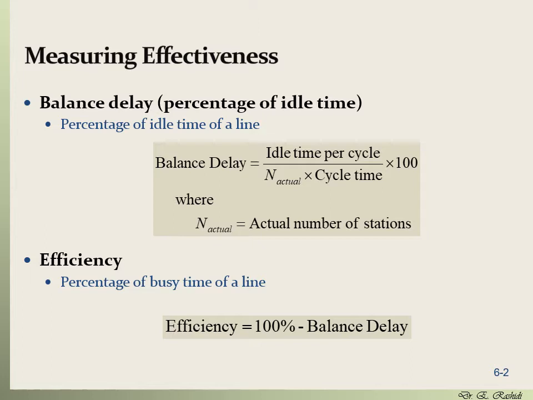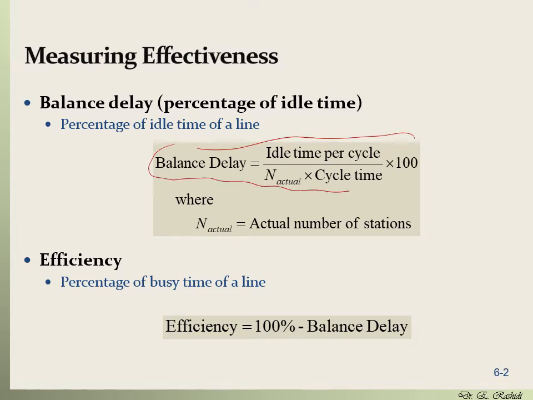One of them is the balance delay, which is the percentage of idle time. You don't want to leave your system underutilized. That means you want to minimize the idle time, because that's a waste of resources. So one measure of effectiveness of a balanced line is the percentage of idle time of a line, and it is computed using this formula.